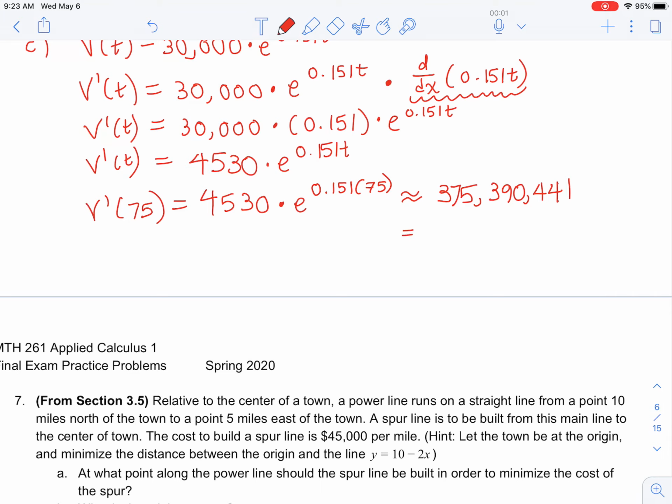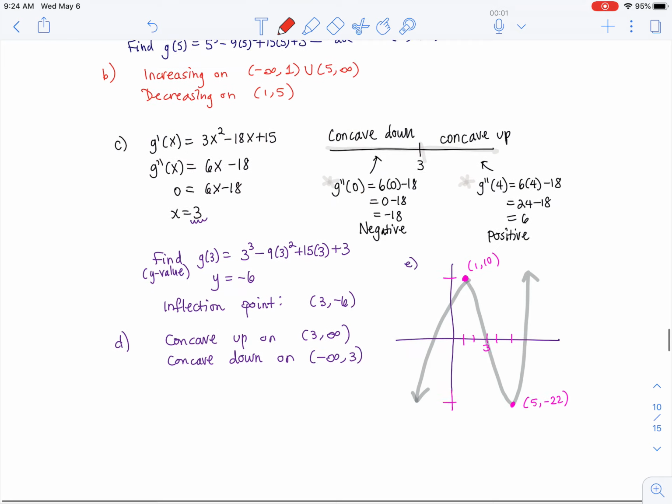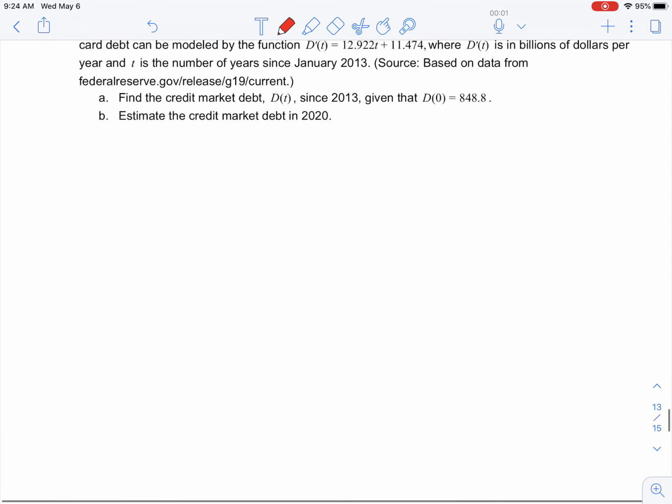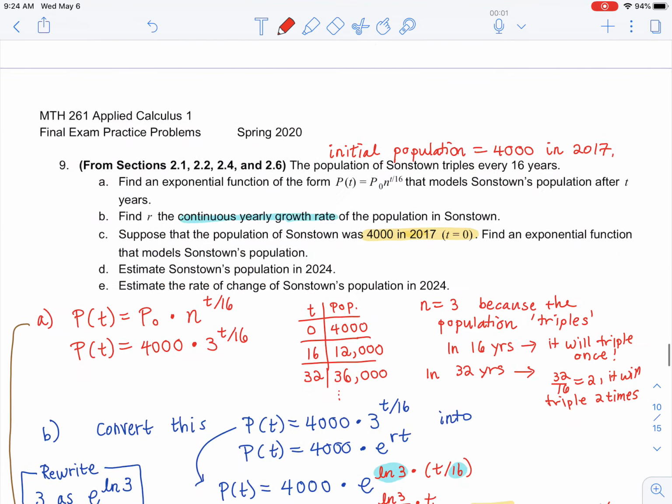So rounded to the nearest million, this will be approximately $375 million per year. Let me double check if that's the answer that I typed up the other day. So number 6C. Yep, $375 million. And look at the unit, per year.